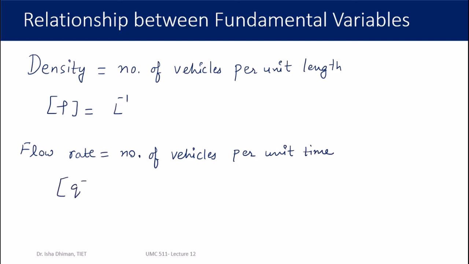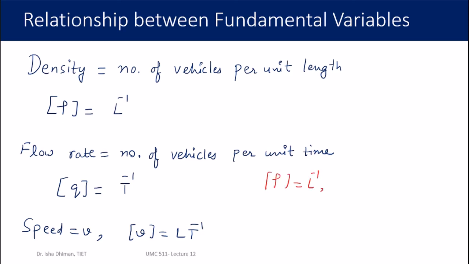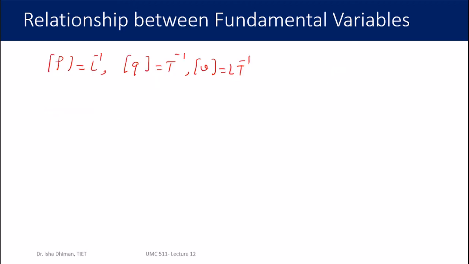So the dimension of Q is T minus 1, and the dimension of speed, which all of us know, is LT minus 1. So we have three variables, rho, Q and V, and we have their dimensions with us. I'm just writing it over here. Now we'll be using dimensional analysis to find the relationship between rho, Q and V.